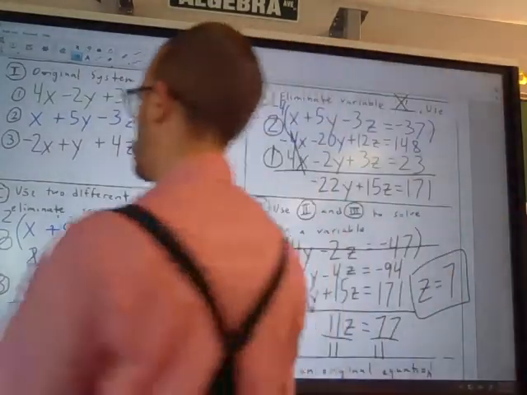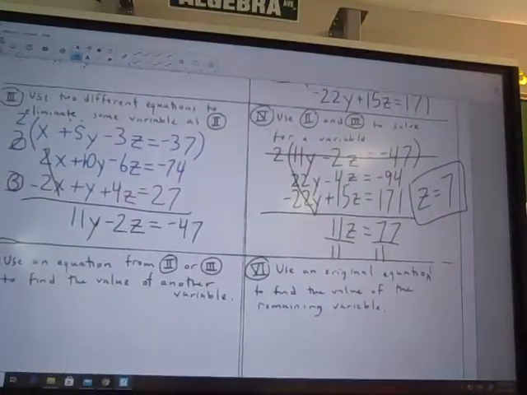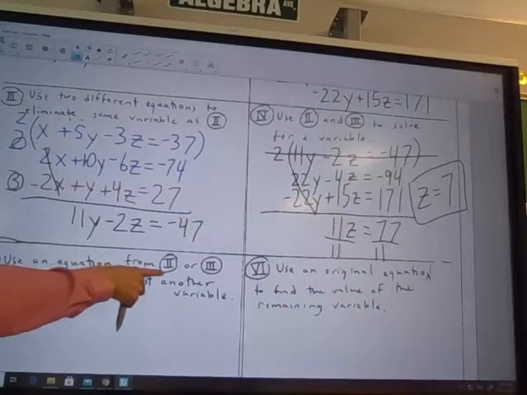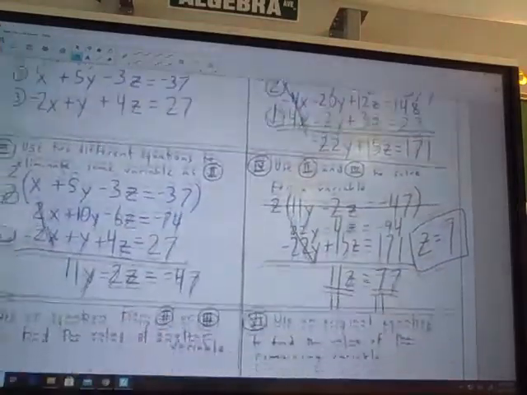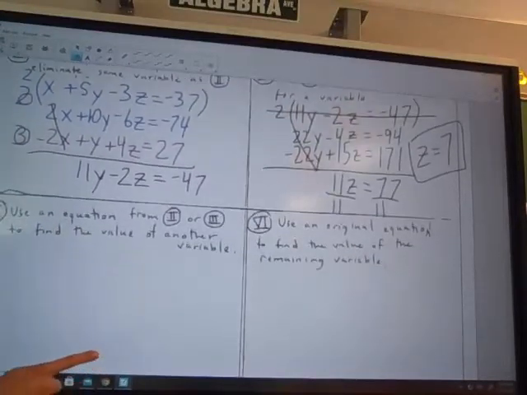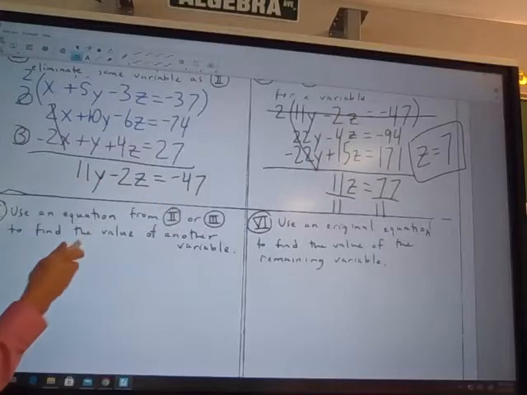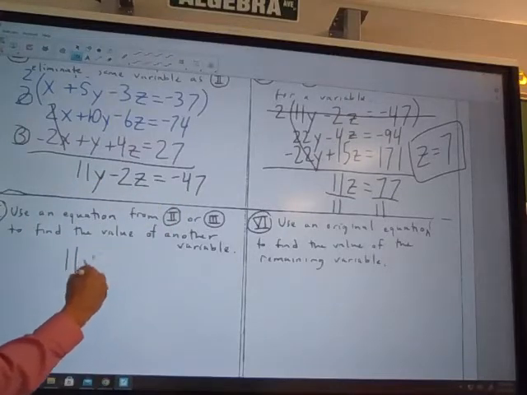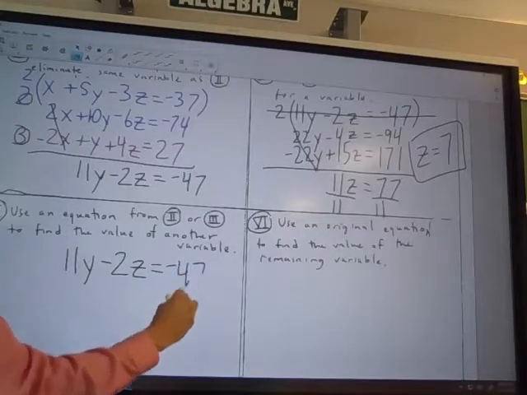Okay? So let's see. Keep moving right along here, right through this process. Now it says use an equation from this box or this box to find the value of another variable. Since I have this equation right here, I'm going to use that one. 11y minus 2z equals negative 47.